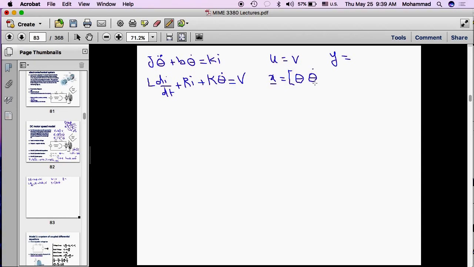Let me remind you of one fact, that the number of state variables is equal to the order of the differential equation. So the first differential equation gave us two state variables because it's a second order differential equation. The second one is what order differential equation?